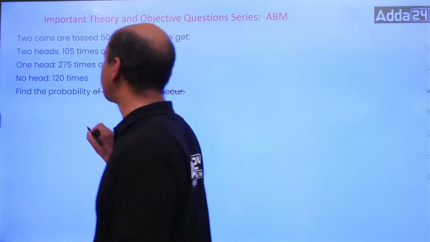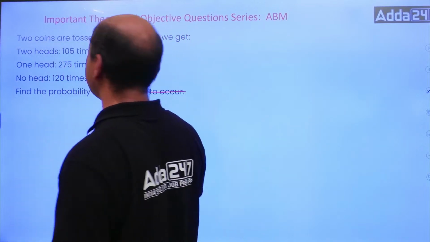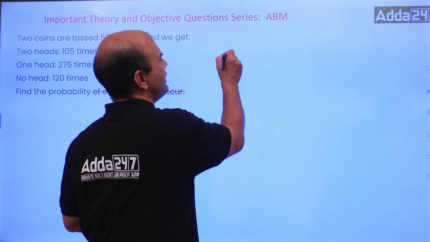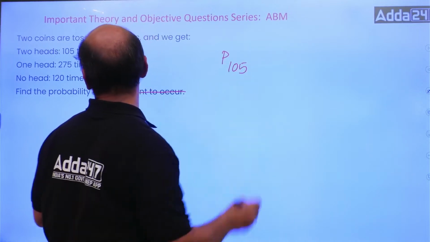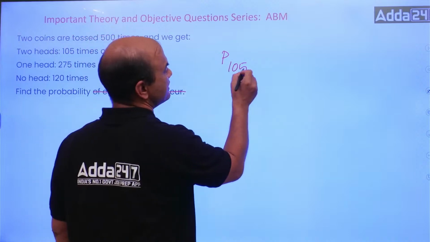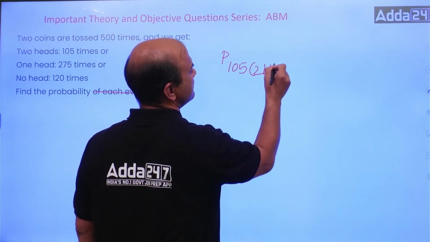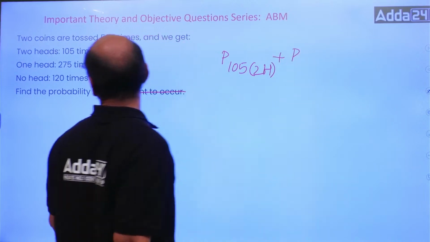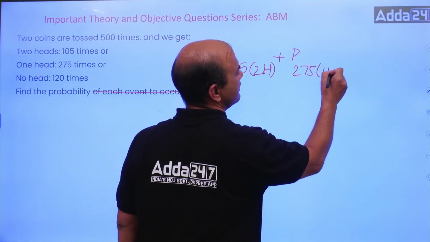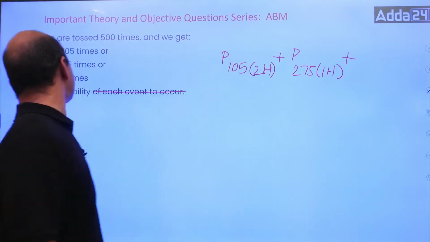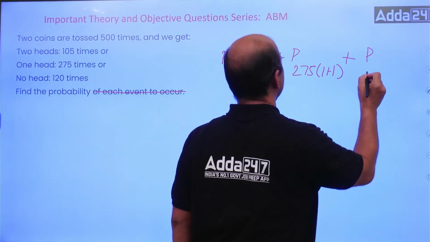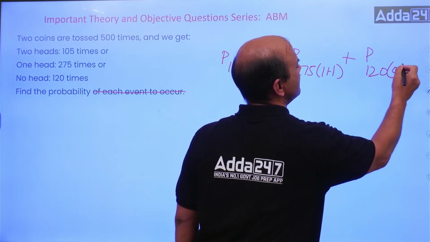First we'll write the probability of 105 times 2 heads, or the probability of 275 times 1 head, or what is the third one? 120 times no head, so the probability of 0 head.